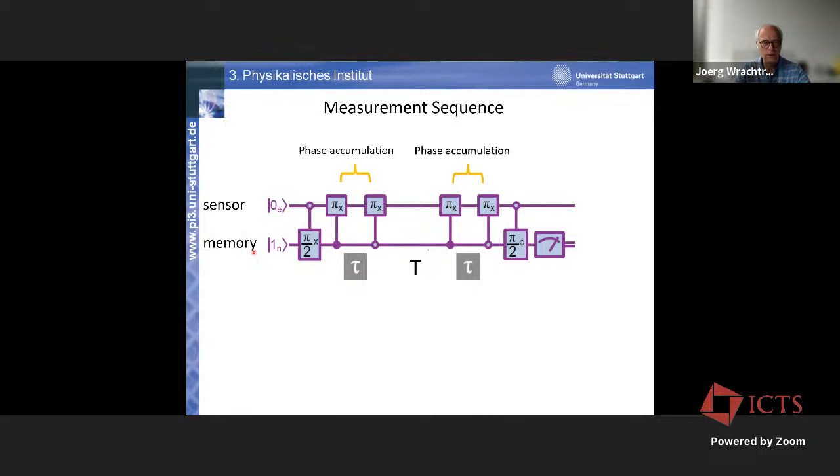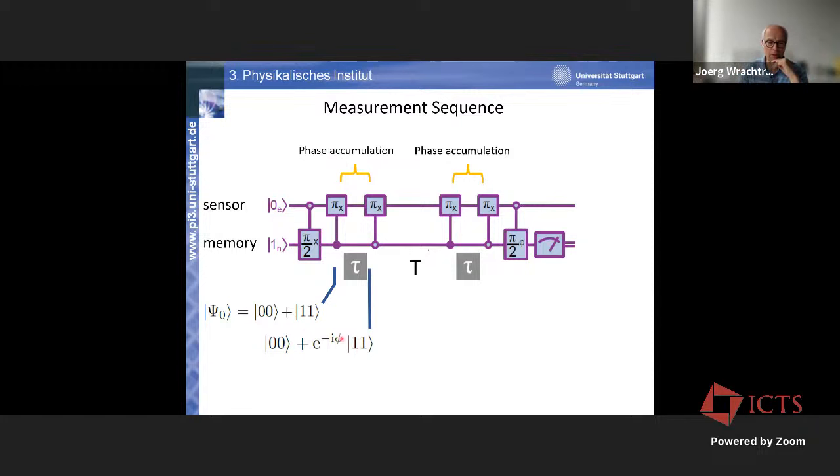So there is a mutual interaction. And what we do, in order to enhance spectral resolution, is we generate an entangled state between electron and nuclear spin. That's what you see here. We then let this electron and nuclear spin entangled state evolve, say, in an external magnetic field.